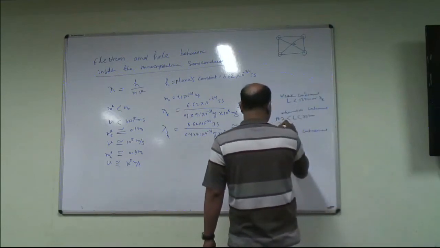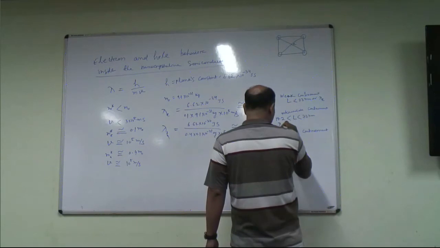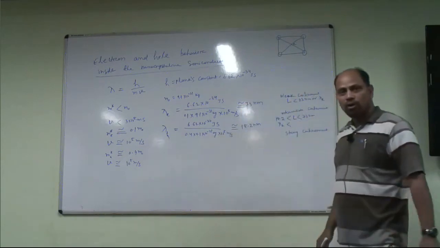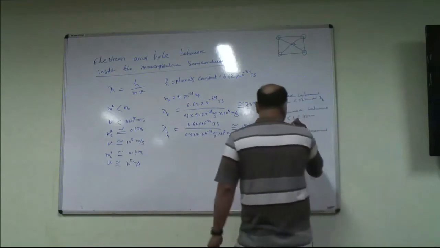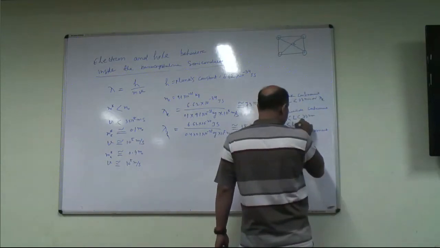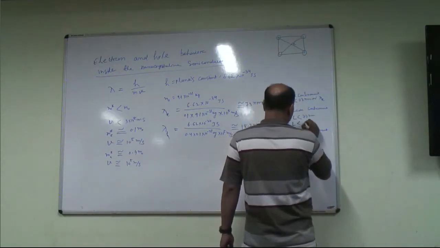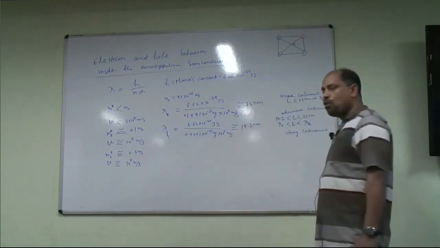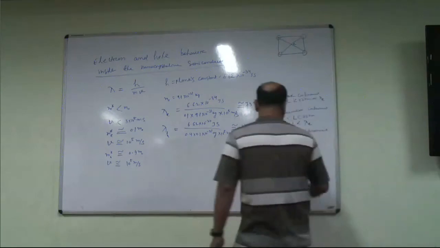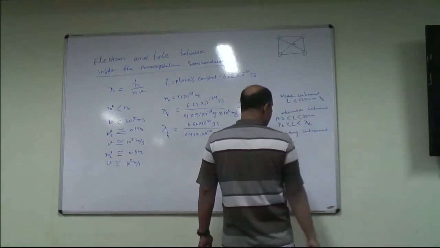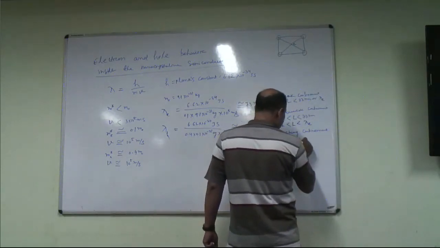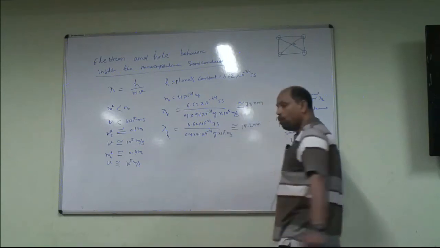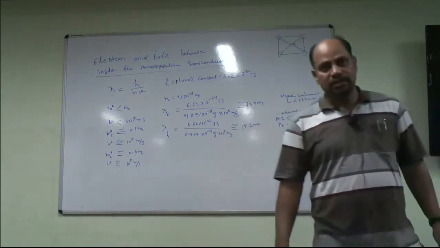You can write it as the de Broglie wavelength of the hole is less than the length of the material, which is less than the wavelength of the electron. Then strong confinement is defined as the length of the material being less than the de Broglie wavelength of the hole of the particular semiconductor.